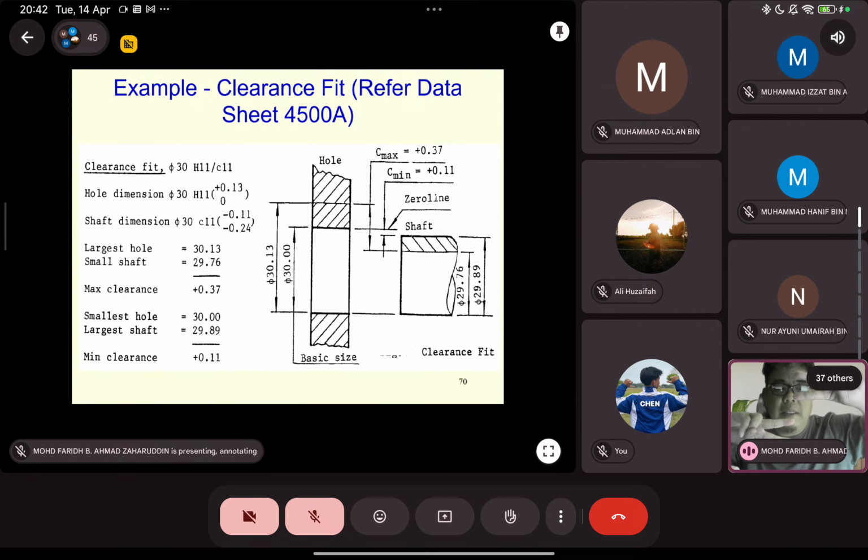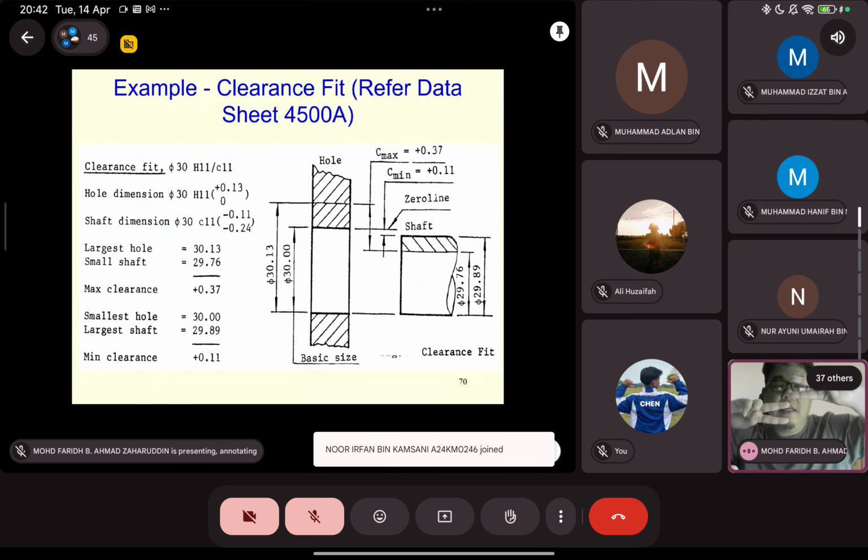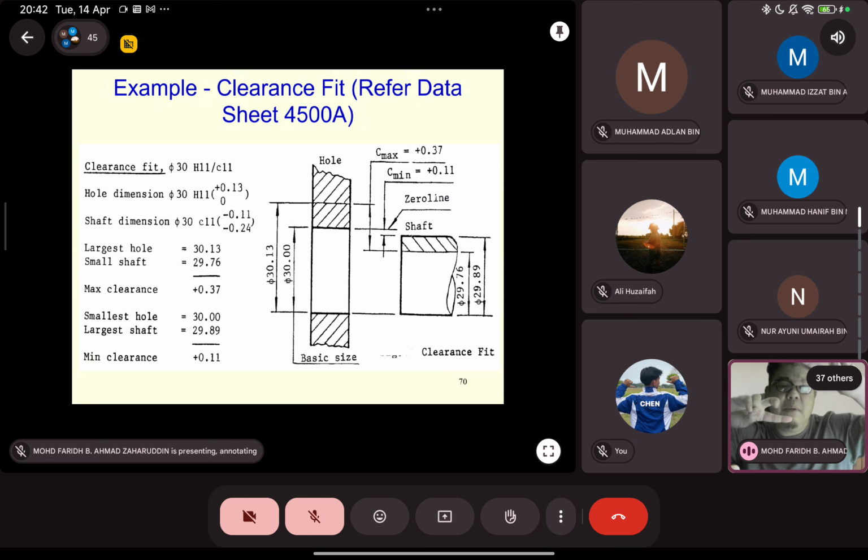So in this situation, there will be a padanan kelegaan, clearance feed, where the maximum size of shaft is always smaller than the minimum size of hole. So it can go through like this.